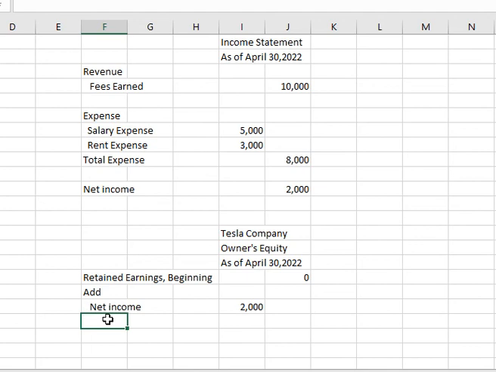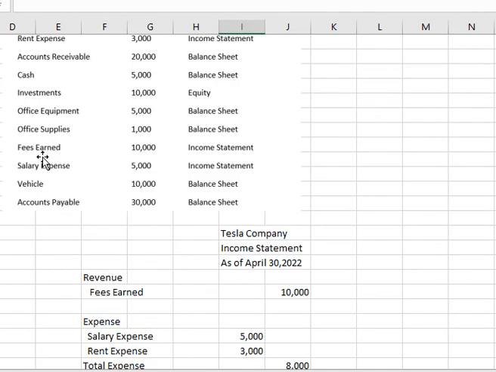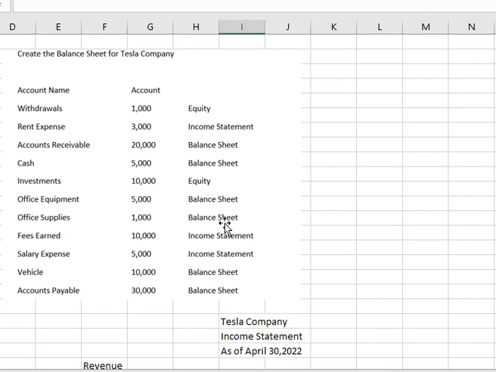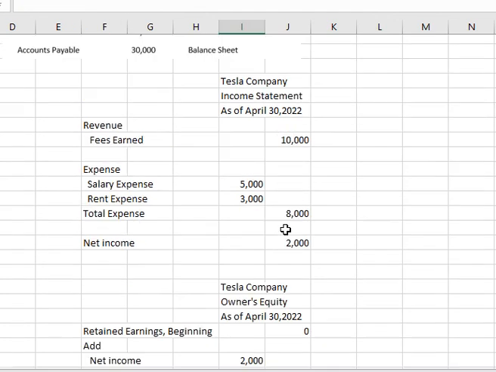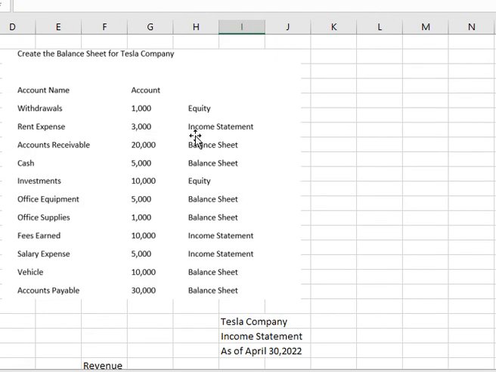And we know that we have investment. That's 10,000 here. Next, we need to deduct withdrawals. Withdrawals, we just have 1,000.